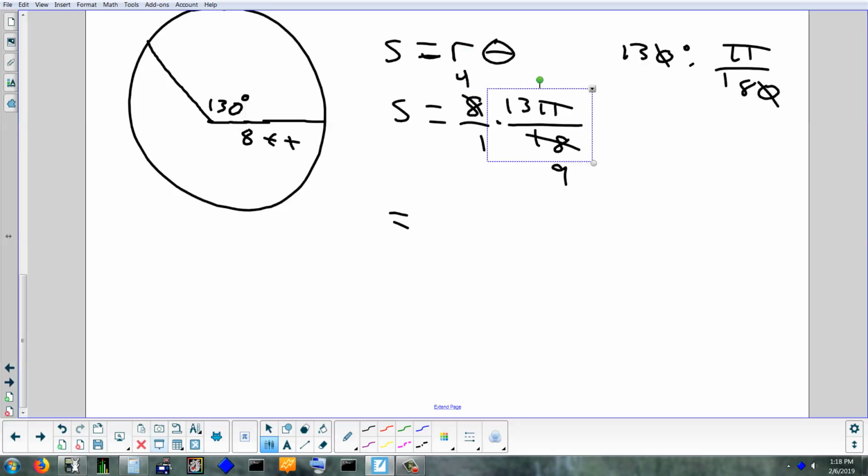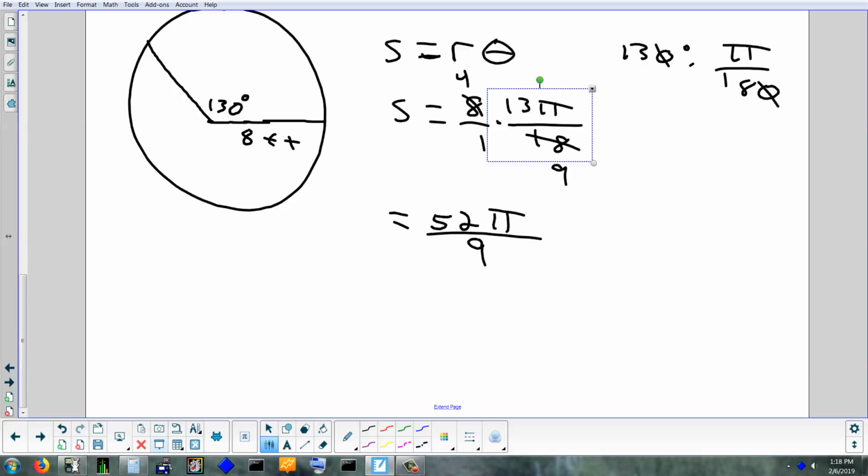So now multiply what we have. 4 times 13 pi. What's 4 times 13? 52. Pi divided by, in the bottom, it's just 1 times 9.